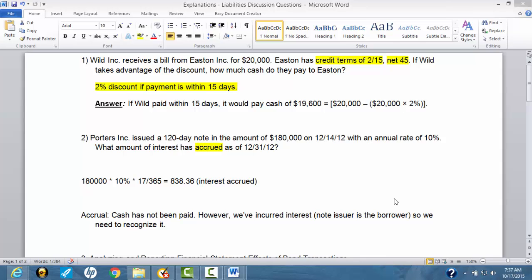Now, interest accrues as the days go by. So even though payment has not been made, the company must accrue any interest incurred.